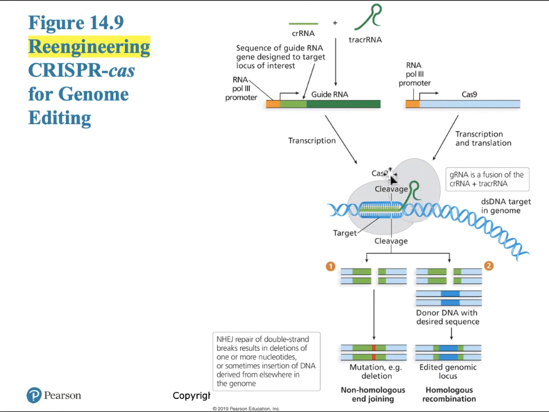This completed ribonucleoprotein then can travel throughout the cell, making contact with double-stranded DNA, trying to find a region that's homologous in terms of sequence matching, nucleotide matching with the RNA. Once that region has been found with some degree of compatibility, the region of DNA is cut on both strands.